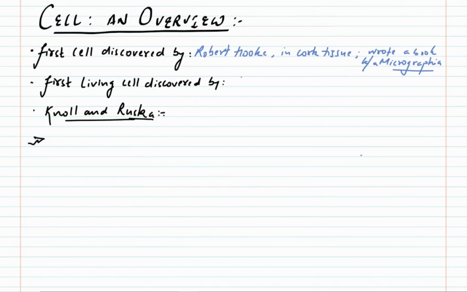The first living cell was discovered by Anton von Leeuwenhoek. Nolan Ruska, during the 1960s, invented the electron microscope.